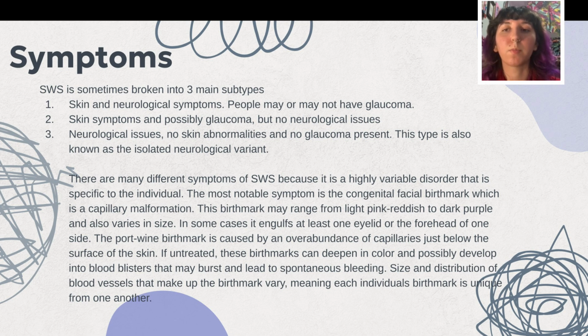The port wine birthmark is caused by an overabundance of capillaries just below the surface of the skin. If untreated, these birthmarks can deepen in color and possibly develop into blood blisters that may burst and lead to spontaneous bleeding. Size and distribution of blood vessels that make up the birthmark vary, meaning each individual's birthmark is unique from one another.